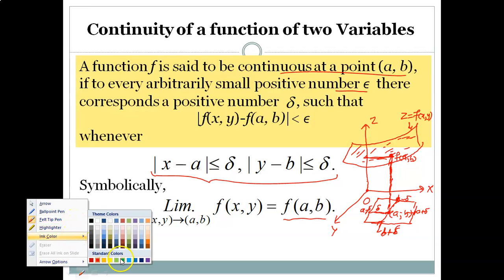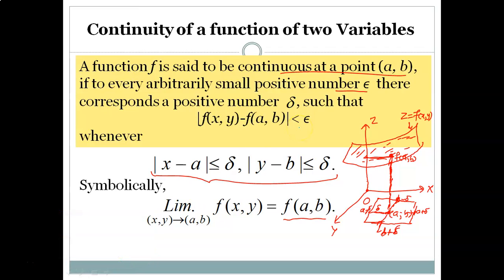Sorry, here f(a, b) is the point here. You can say this is f(a, b). And if you take the epsilon distance here and epsilon distance downward, then this is f(a, b) plus epsilon, and here it will be f(a, b) minus epsilon, the point here.